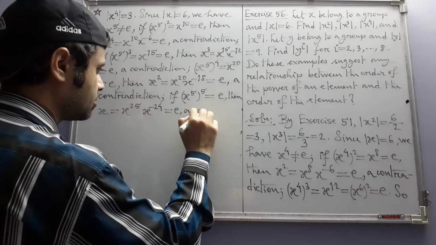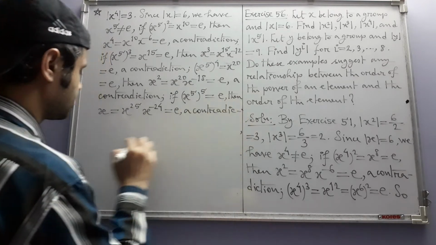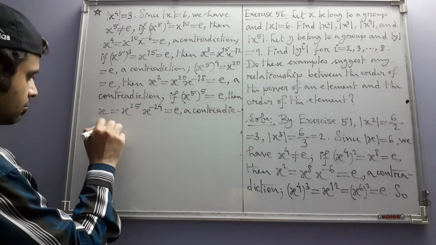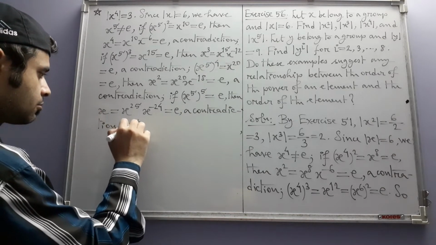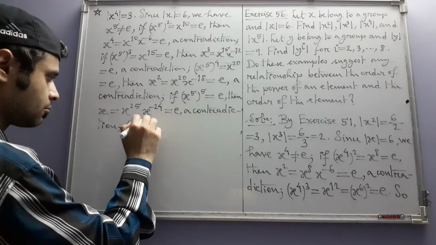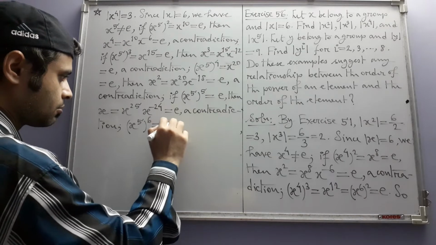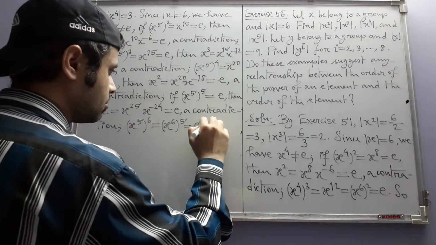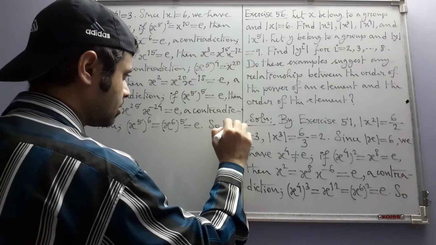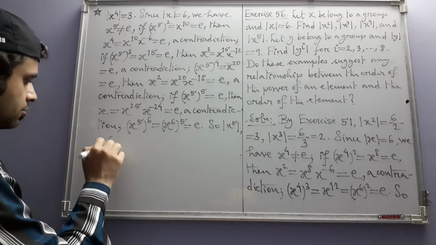Again a contradiction. And lastly, so the order of x to the power 5 is equal to 6.